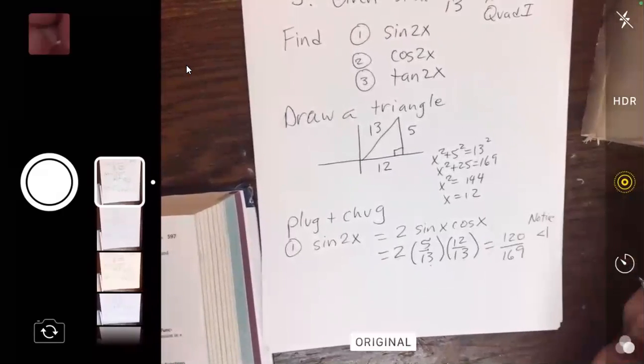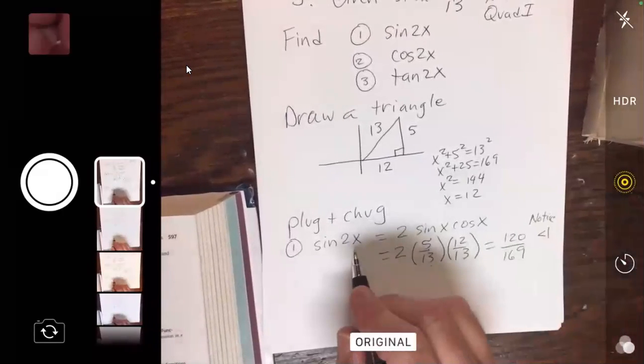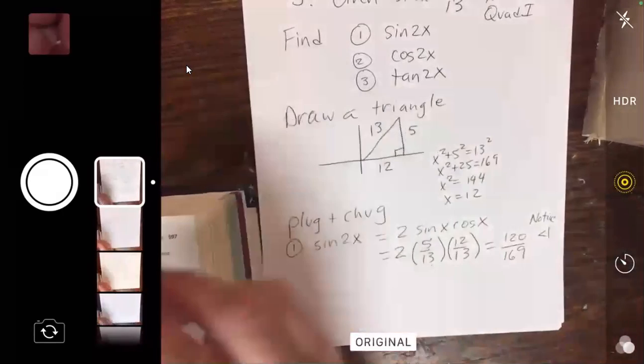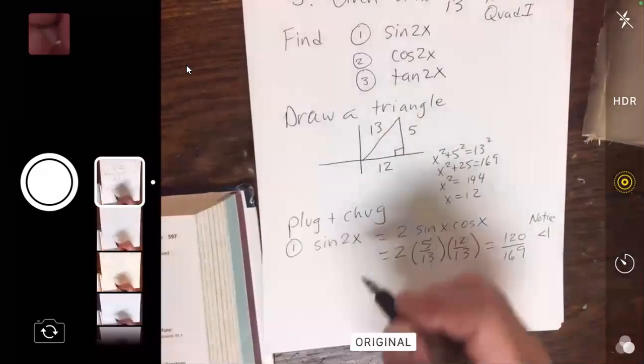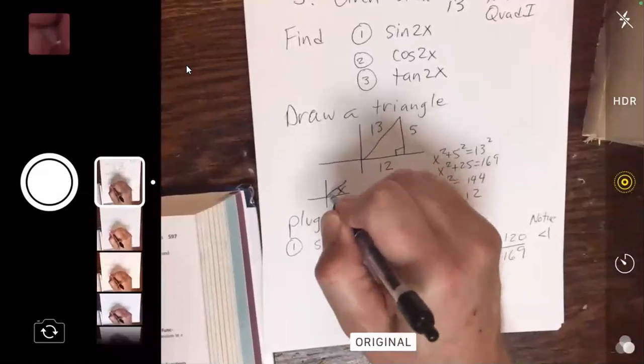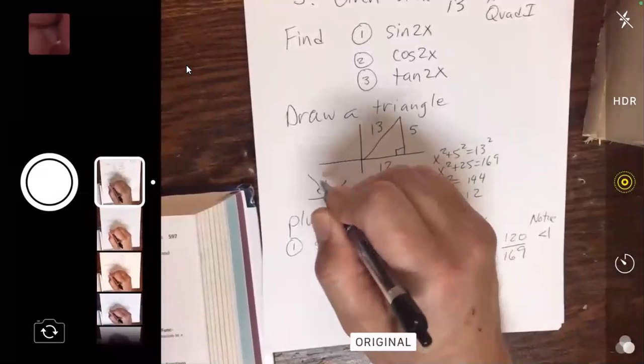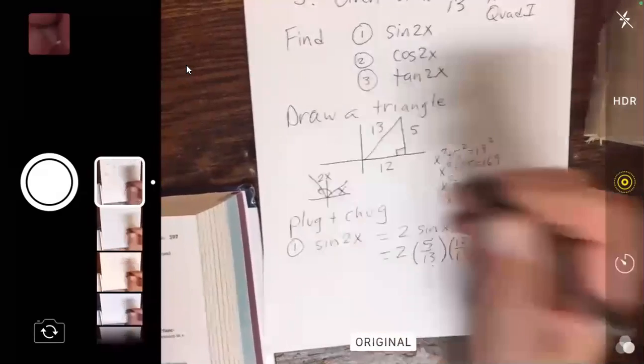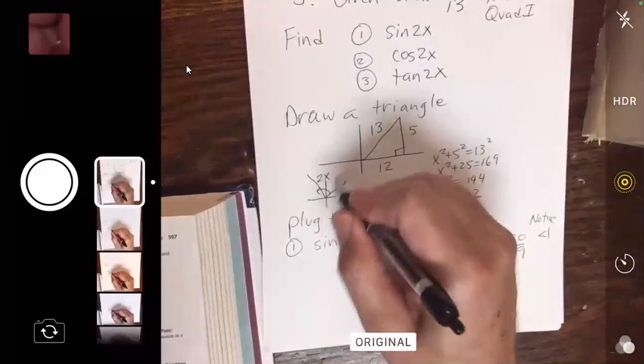It's less than 1. All double angle means is that you're going around the circle more. Your angle is bigger. If this is x, then say over here 2x, or if x is small enough, it's still in the first quadrant.